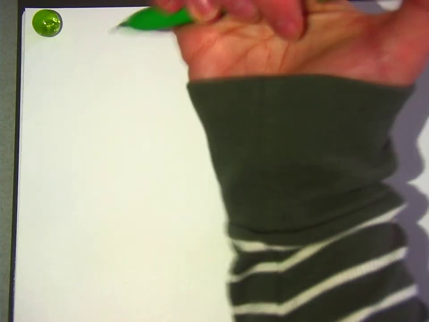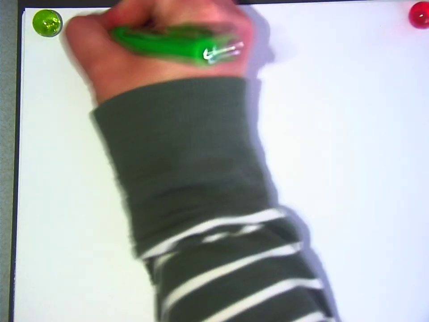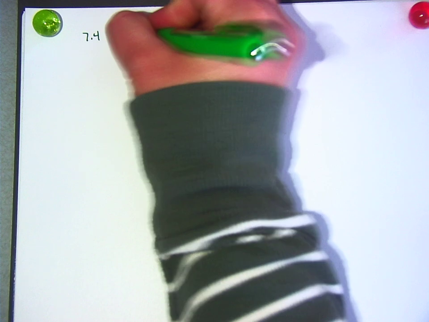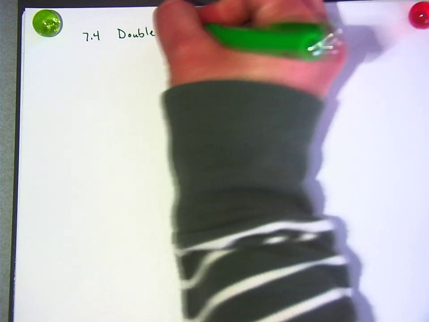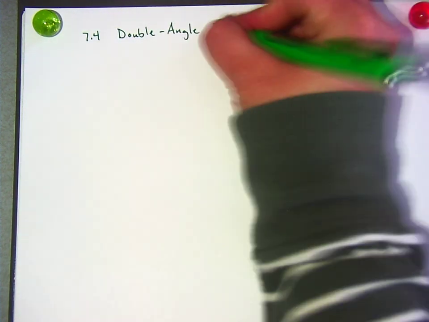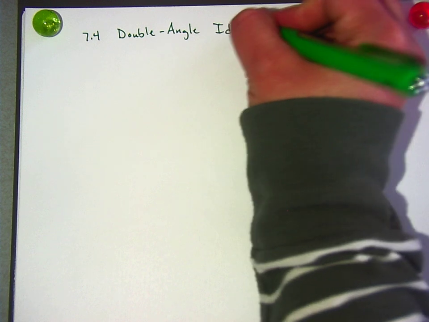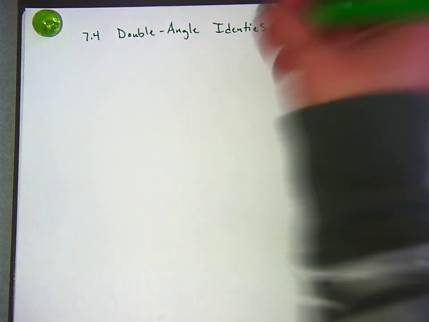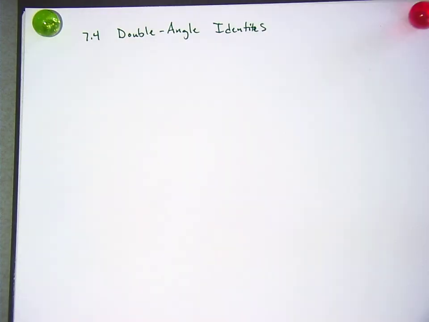Okay, this is 7.4, and today we're talking about the double angle identities.